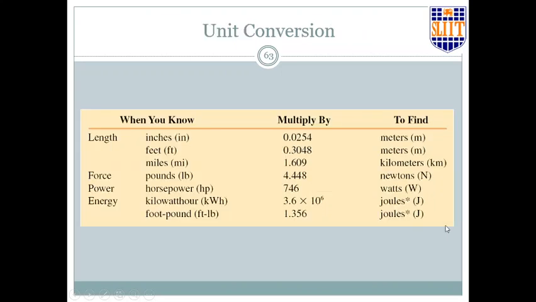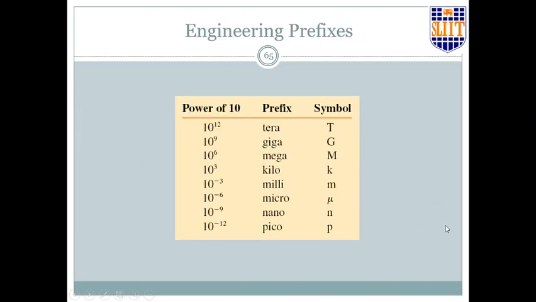Okay, now more than that, what is important is the engineering prefixes. The powers of 10 we are interested in are the powers of 3. Kilo, mega, giga, tera, milli, micro, nano, pico. That is 10 to the power 3, 6, 9, 12.